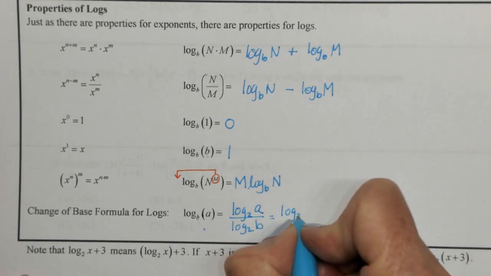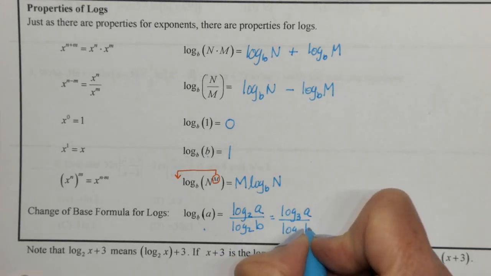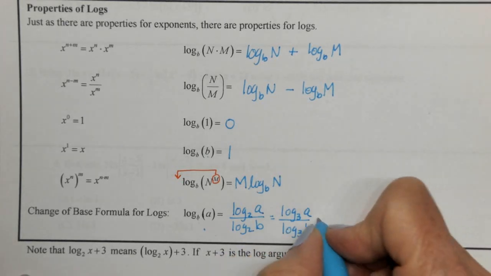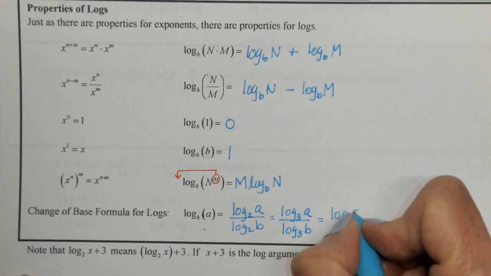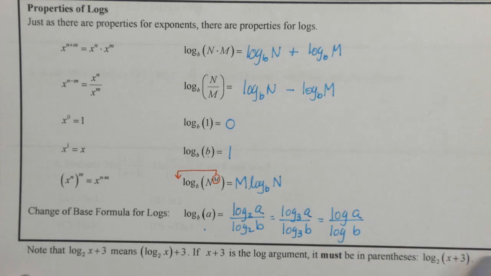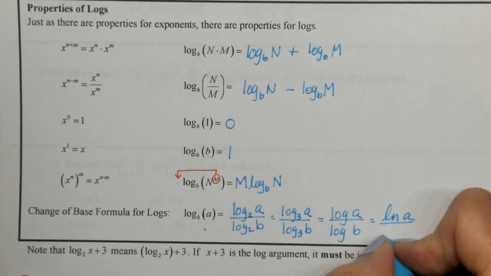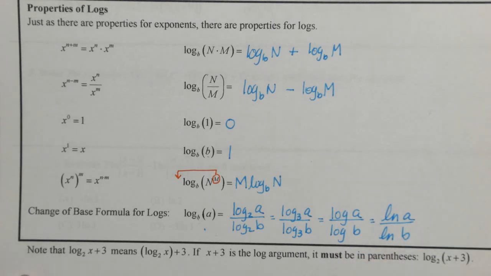Log base 3 of the argument divided by log base 3 of the old base. Log base 10 of the argument divided by log base 10 of the old base. Or natural log of the argument divided by natural log of your old base. We can write any base we want this way, and we do.